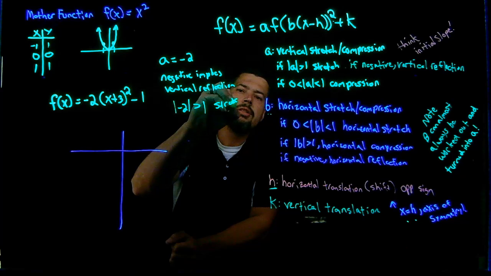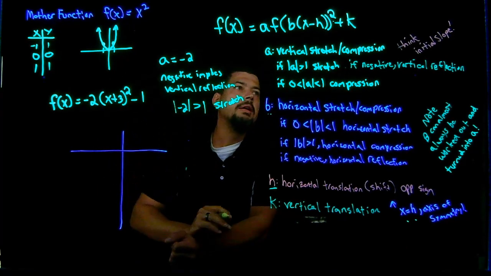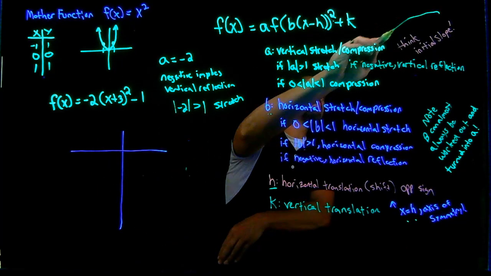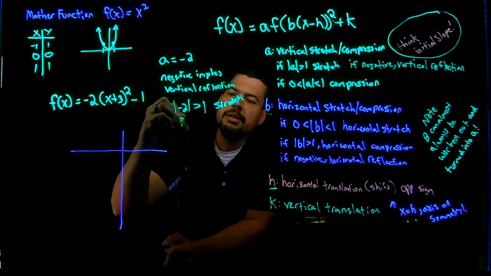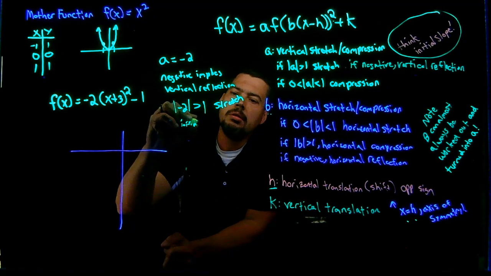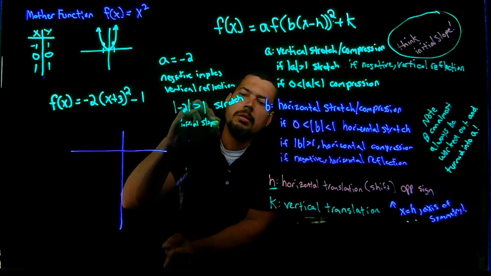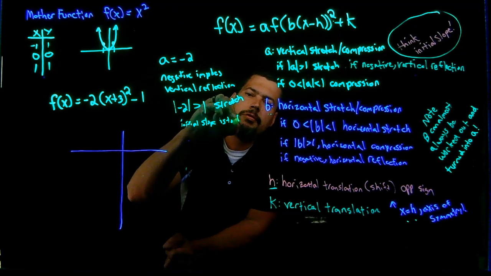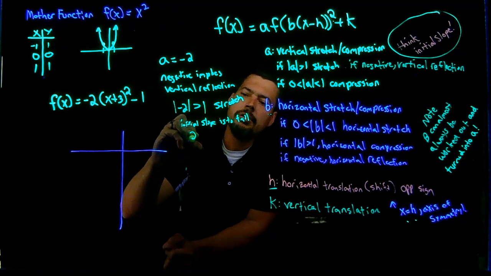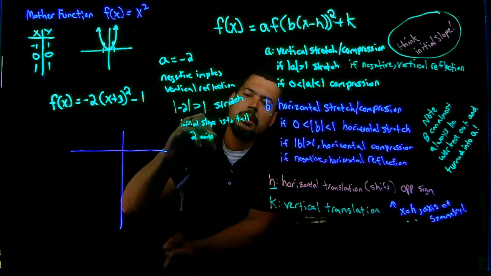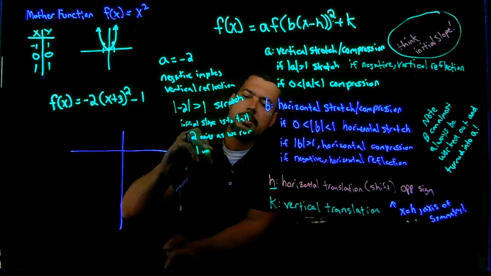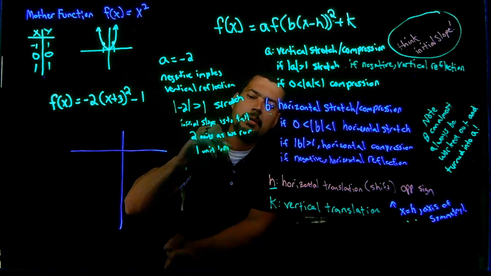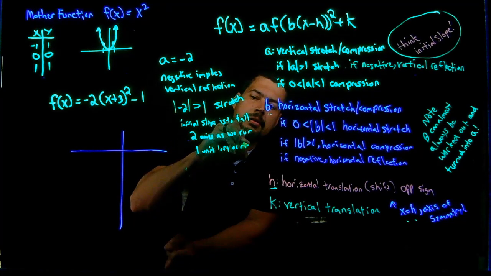Okay, this thing is taller than Mom. Now, you'll notice here that I've got off the side, it says think initial slope. The initial slope is to fall, because it's negative, 2 units as we run 1 unit left or right.